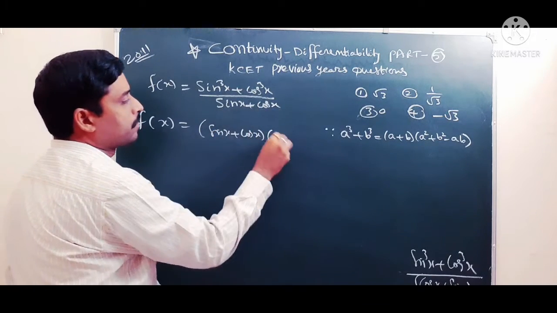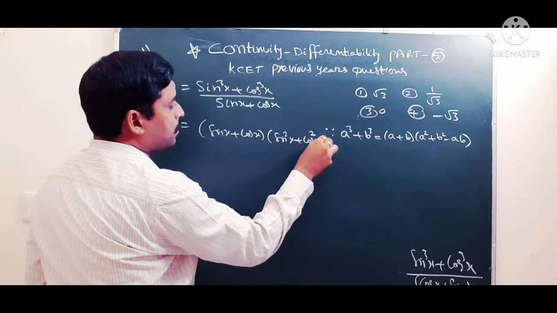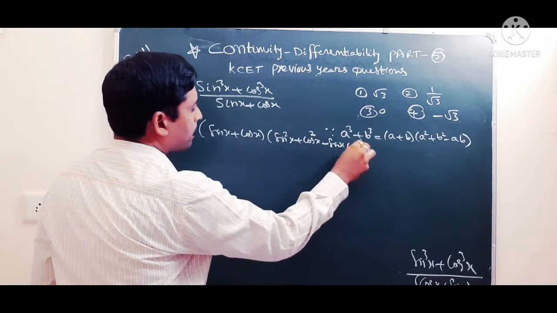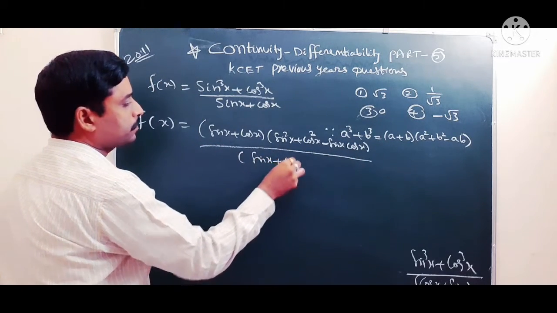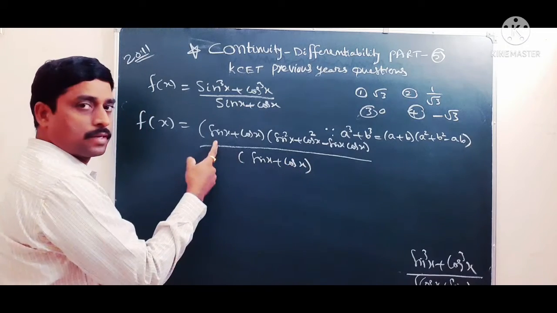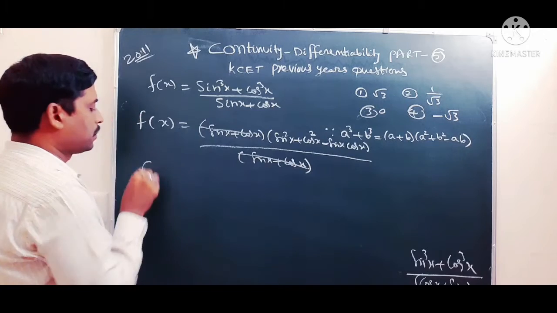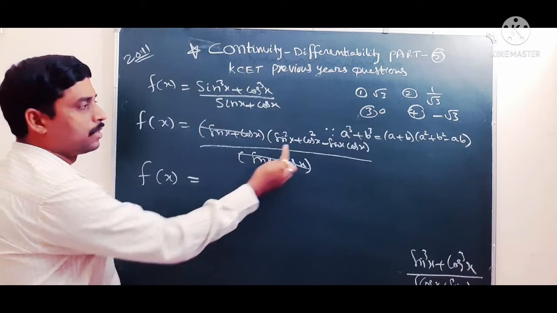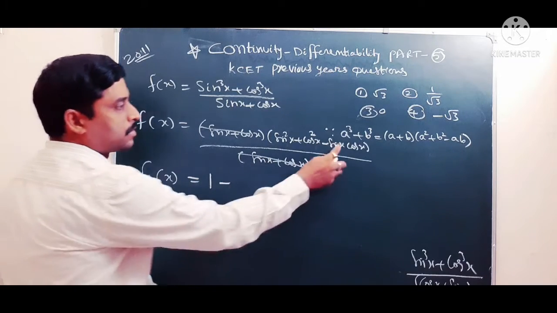This whole divided by sin x plus cos x. So where a place we write sin x and b place cos x, sin x plus cos x gets cancelled. f of x is equal to sin square x plus cos square x, which is 1, minus sin x cos x.